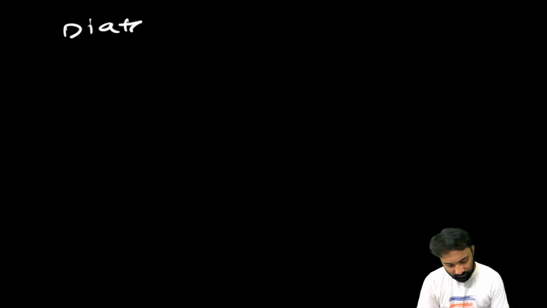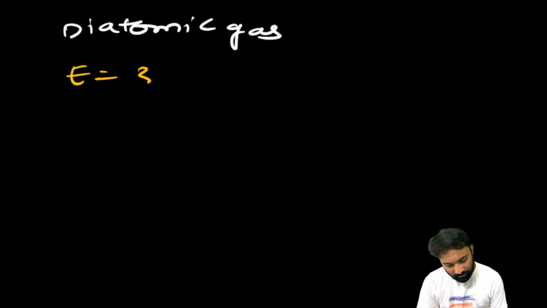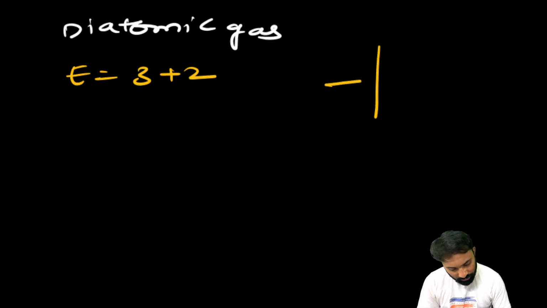Diatomic gas. For the diatomic gas, E is equal to 3 plus 2. Why? Translational 3, rotational 2. Let's suppose this is the axis.